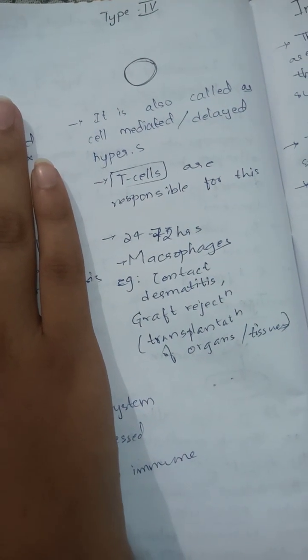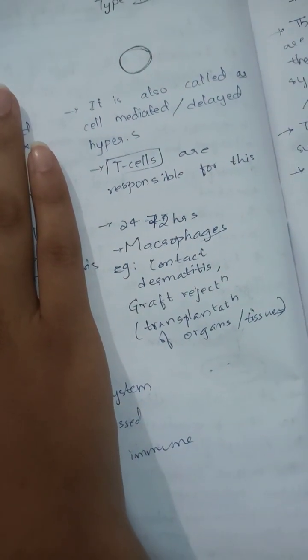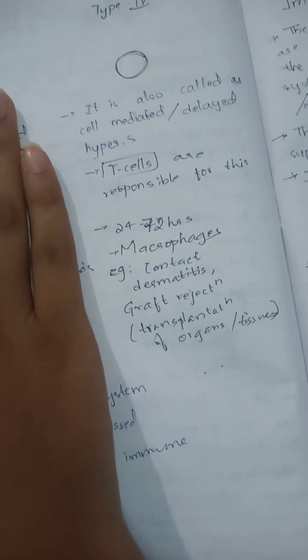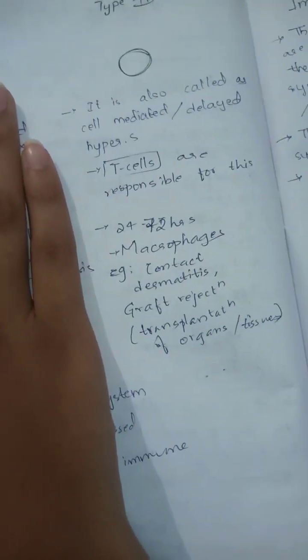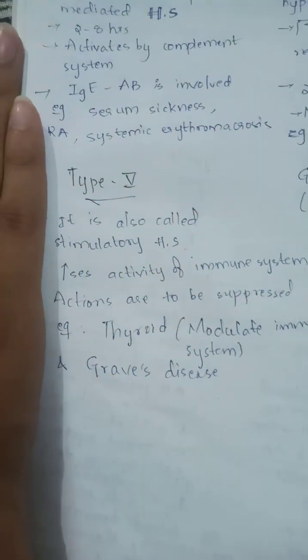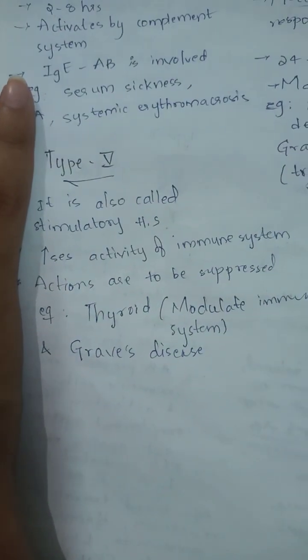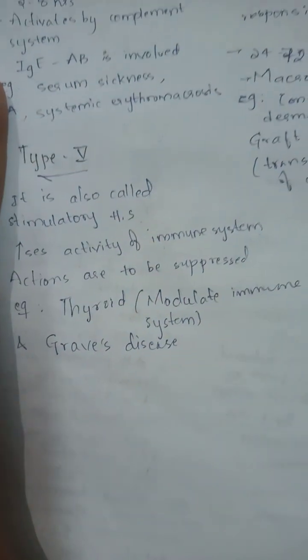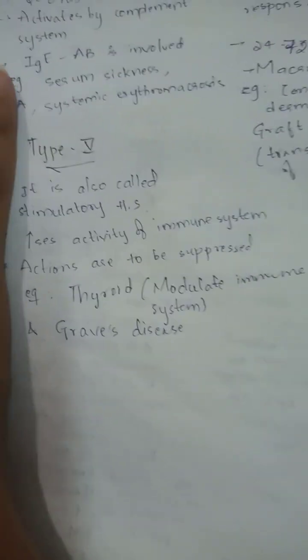T cells are responsible. Examples are contact dermatitis and graft rejection. The time taken is 24 to 72 hours. And type 5 is a stimulatory hypersensitivity, and the examples are thyroid and Graves' disease. Thank you.